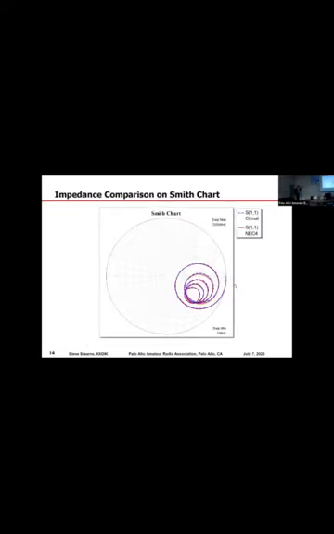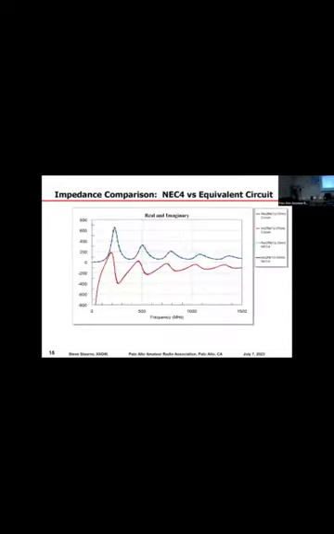There we have it. So we've got an equivalent circuit that tracks all of the spirals of the antenna on the Smith chart pretty well. Let's go to the next chart and we'll look at it in Cartesian coordinates. There we see the blue curve overlaid with a yellow dashed curve, and that's the real part of the impedance. And we see the red curve overlaid with some other color dashed curve.